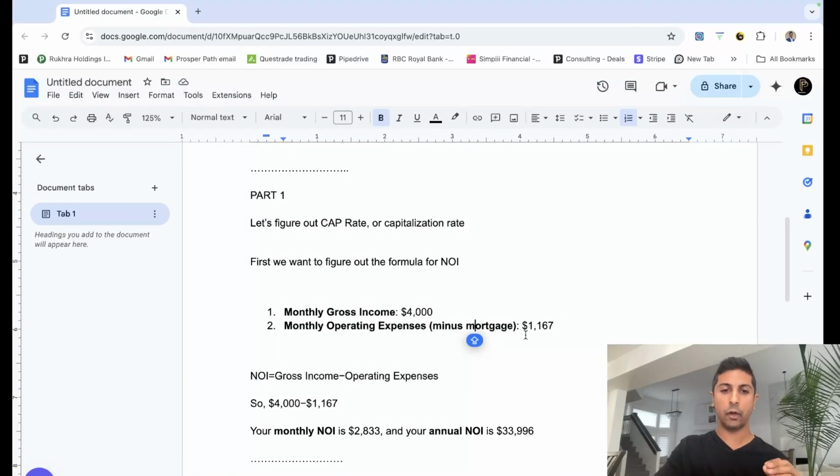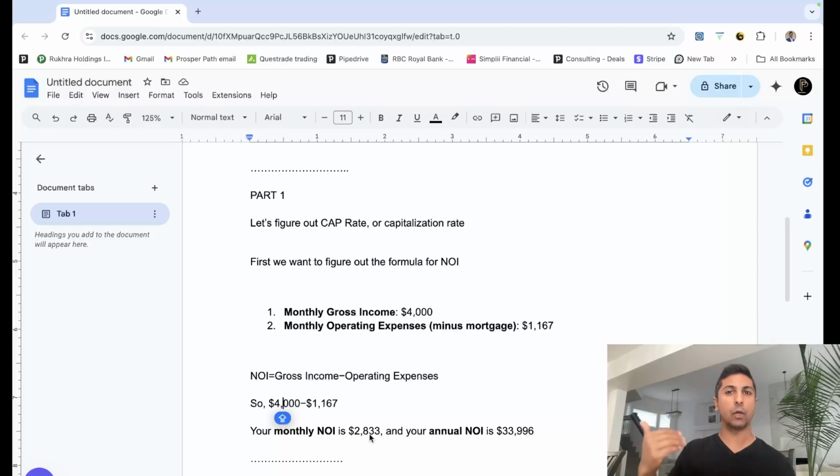So again, we're figuring out your capitalization rate, but in order to do that, you need to figure out your NOI. So in this example, it's basically your gross income minus your operating expenses. Looking at these numbers, that's $4,000 subtracting $1,167, which gives us a monthly NOI of $2,833.